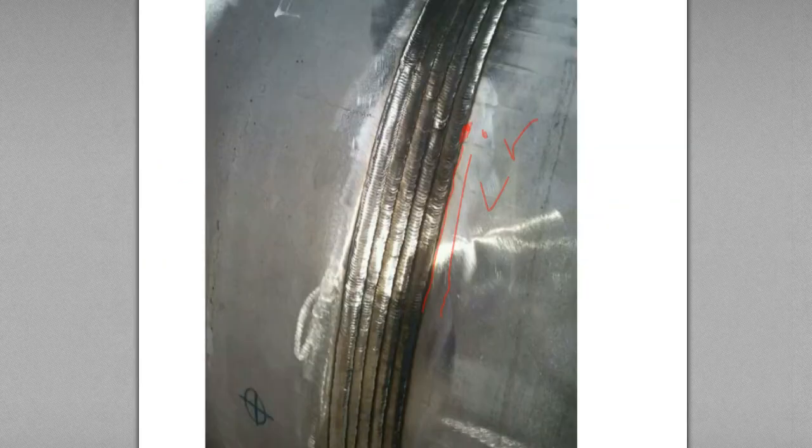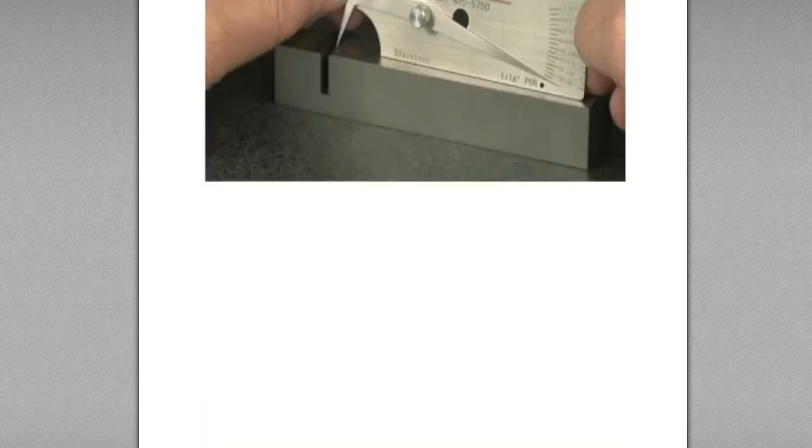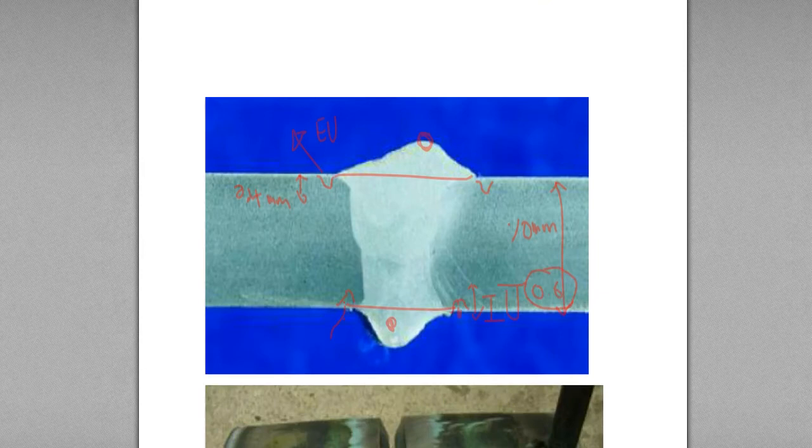So the same thing applies here: the depth of undercut is over 0.4 millimeter but equal to or less than 0.8 millimeter.